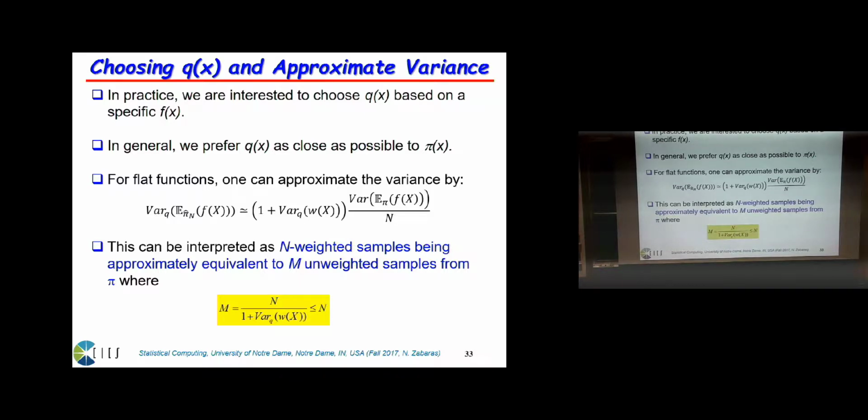So in essence, to get similar results in the variance context that you get with standard Monte Carlo, you have to use more samples when you use this weighted methodology.